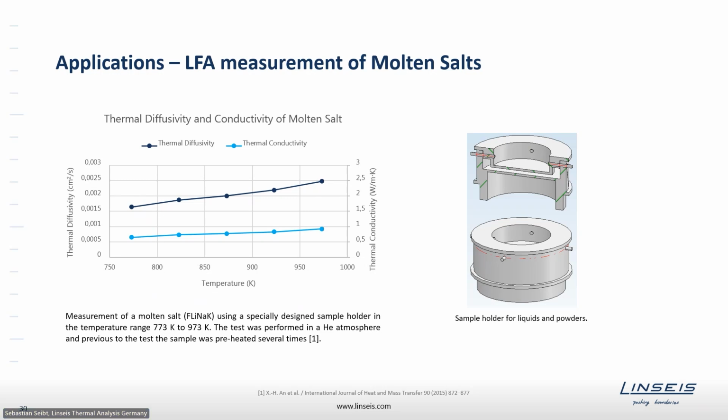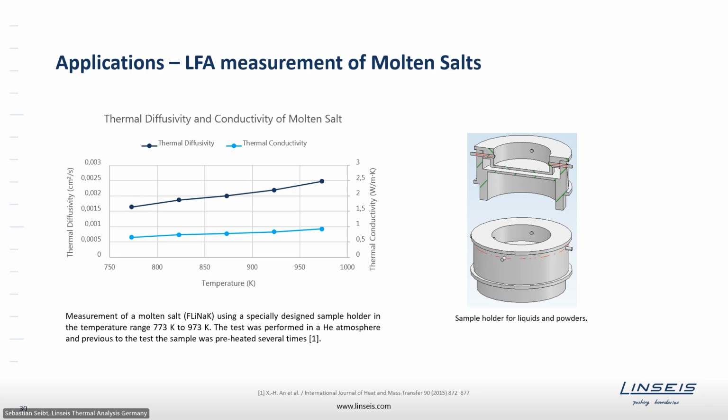Yes, so this example shows a very special application. Here a phase change material was used. At the beginning, at room temperature, it was solid and melts at higher temperature. So for that, we use this special sample holder for liquids and powders. And the measurement procedure was the following. The sample was put inside and heated up a little bit above the melting temperature.